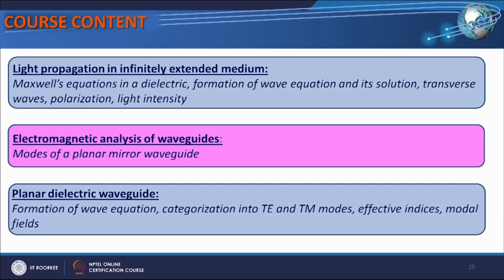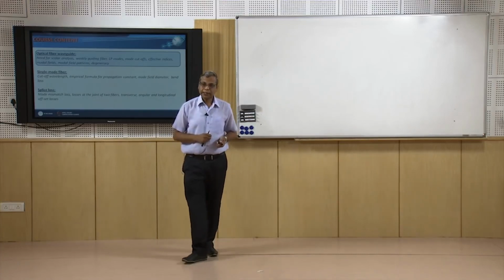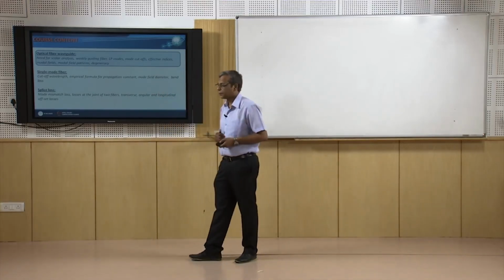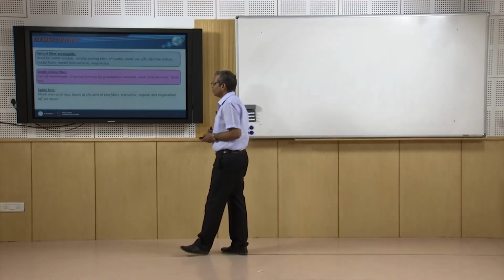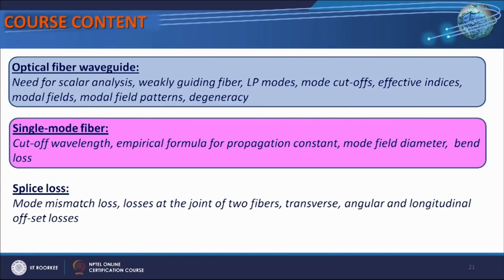So, how does this guide light, and then we will understand how optical fiber propagates light through it in a cylindrical geometry. We will talk about single mode fiber, properties of single mode fiber, which is primarily used in long distance telecommunication.